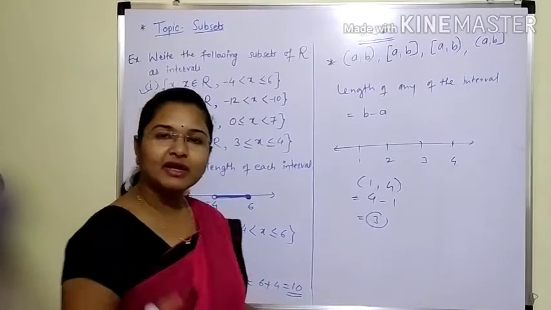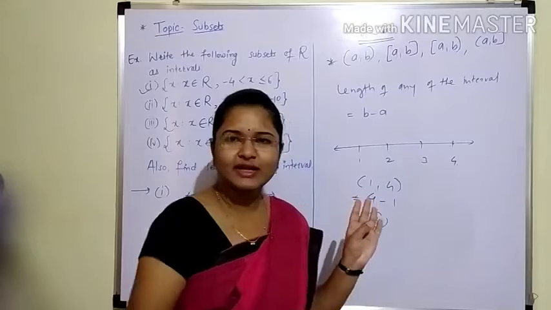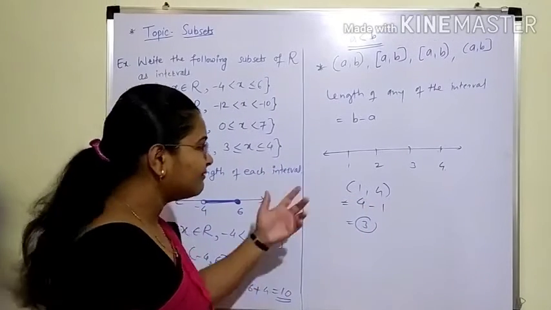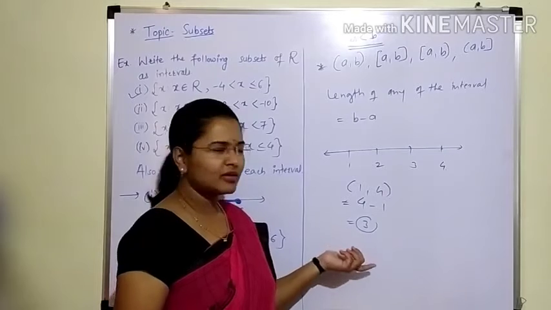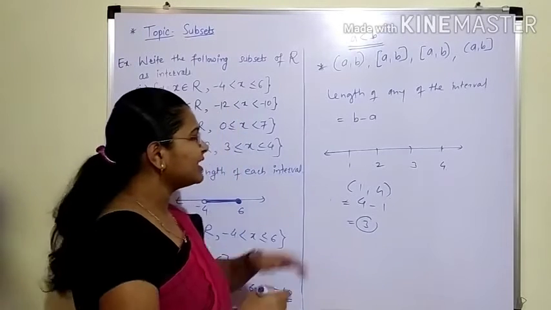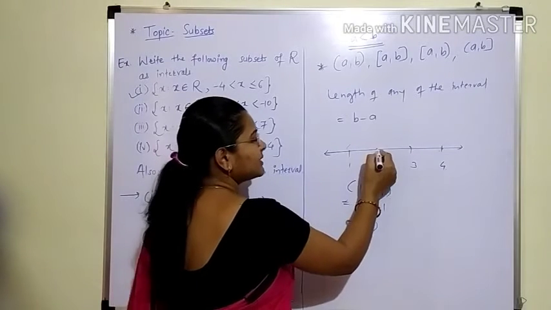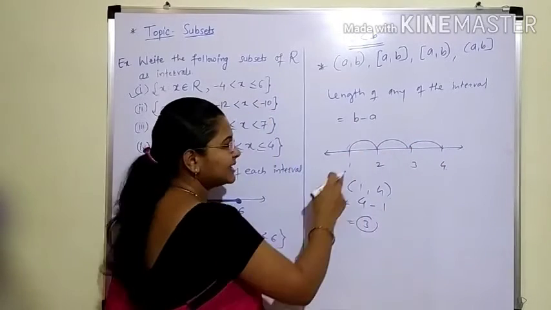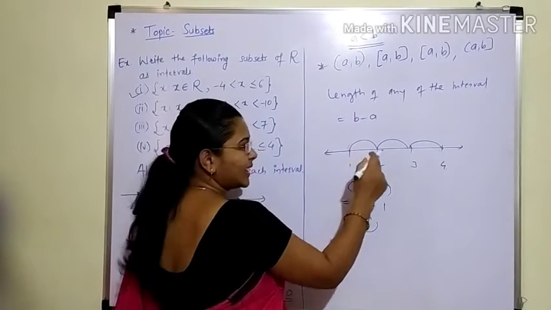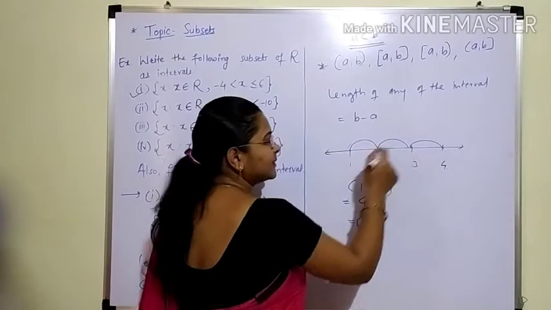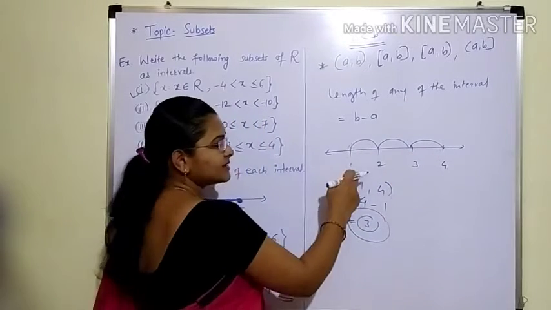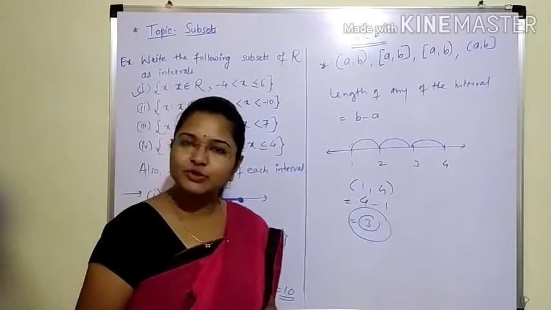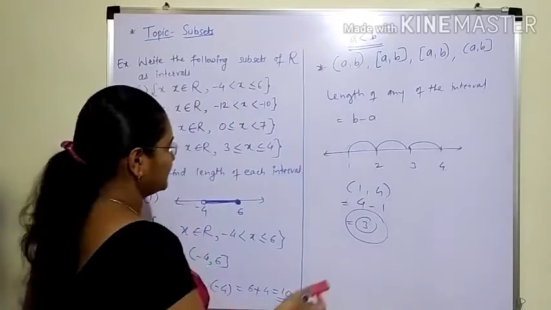Understood? We have learned this in standard 6th or 7th, because when we are jumping to the next number, what is the distance covered by this point? So it will be 1 to 2, that is 1, 2 and 3. So the distance between points 1 and 4 is 3. Understood? So we'll take the second example.